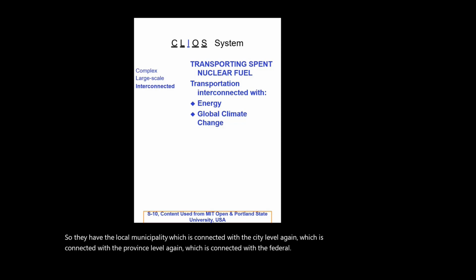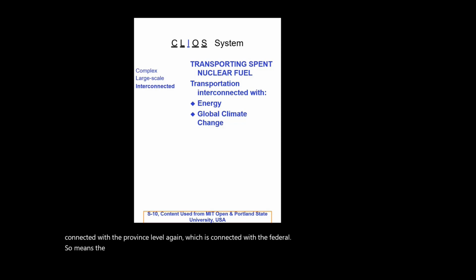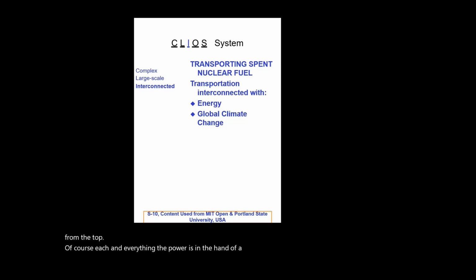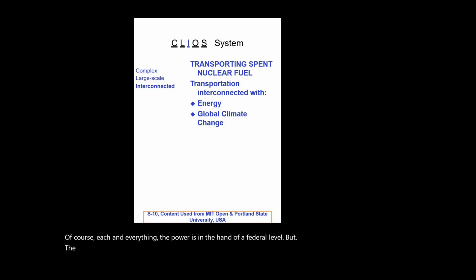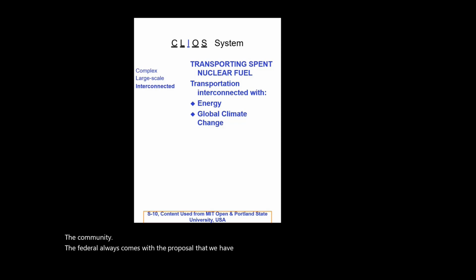So the decision-making moves from the bottom, from the community, not from the top. Of course, the power is in the hands of the federal level, but the decision maker is the people, the community.